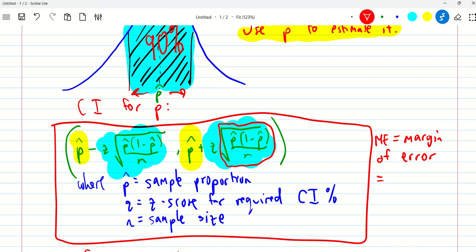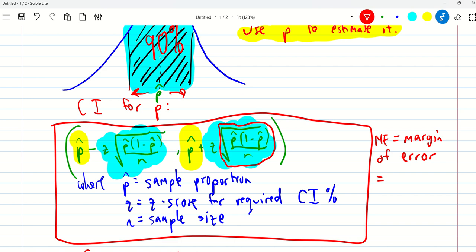And what is Z? Z is just the Z score for a particular confidence level, say 90%. So we go P hat plus a certain number of standard deviations to the right for whichever percentage we want, 90% or 95%, and then P hat minus that.